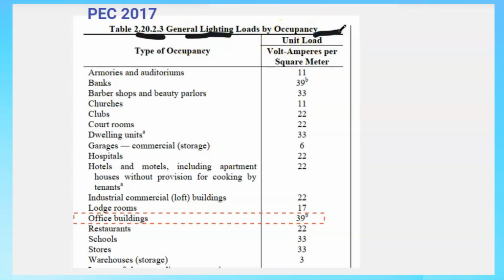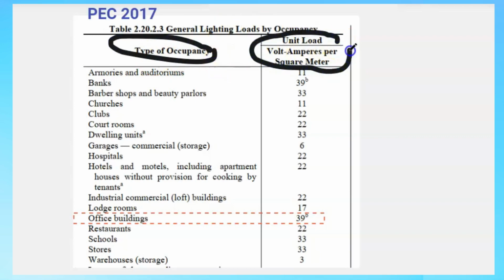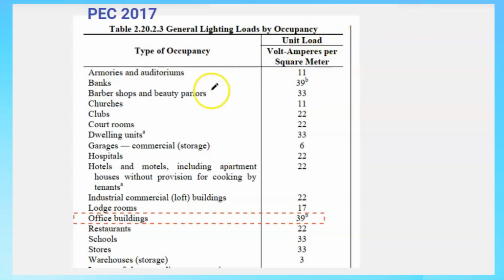So, right here, we can already know how many VA per square meter of fixtures we will install. The first column is the type of occupancy, the application, and then the unit load in volt-amperes per square meter. The load schedule we are making is for office buildings, so it falls in this row. Office buildings have 39 VA per square meter. So, that is the reference we will use for our calculation.